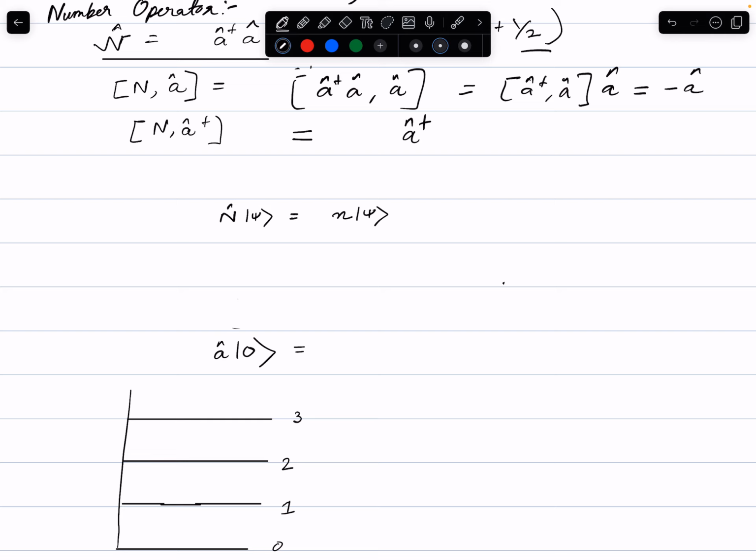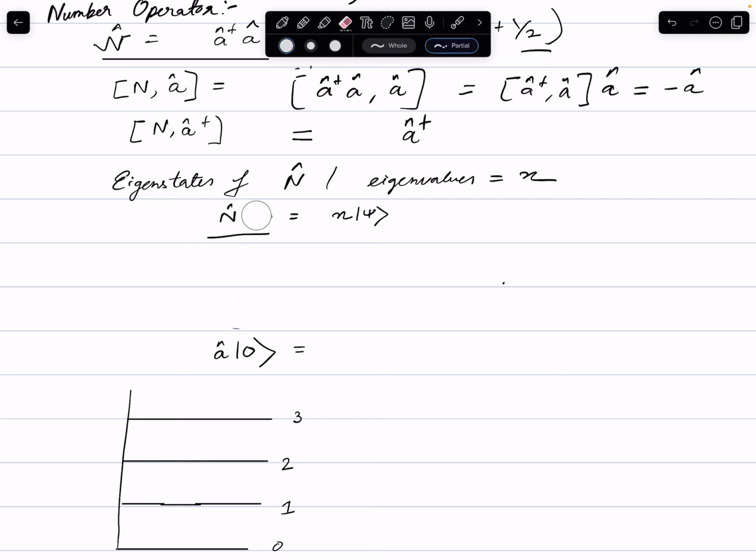So now consider the eigenstates of the number operator, and we denote the eigenvalues as small n. So this is some eigenstate, and let me give it the name also as n. This is the nth eigenstate labeled as n, which has eigenvalue n. And so then if we put n A dagger on the state n here, what will we get?